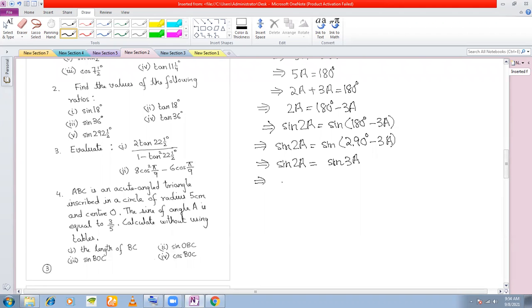So sine 2A now you can write from the double angle formula as 2 sine A cos A. Triple angle formula for sine 3A is 3 sine A minus 4 sine cube A. Now you take everything on one side.